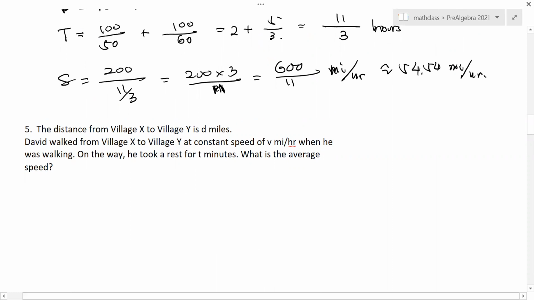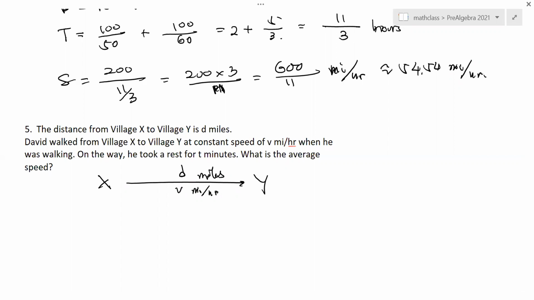Then he walked from village X to village Y at a constant speed of v miles per hour. When he was walking on the way, he took a rest for t minutes.